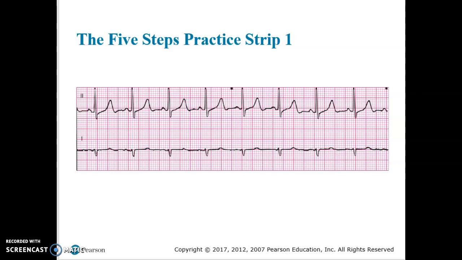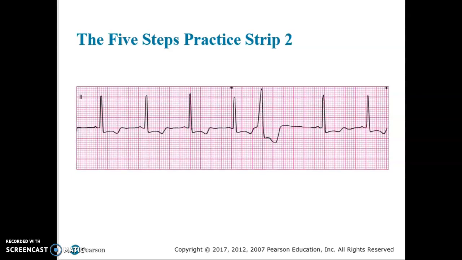So on the next strip, we're going to go through the same series of questions and write everything down. We do have QRS complexes. I'm sorry, let me get on the right strip. I apologize. Okay, let's start over. There are QRS complexes. Okay, so the answer here is yes. They're all shaped the same except for this one.